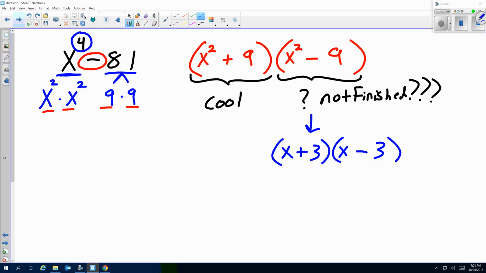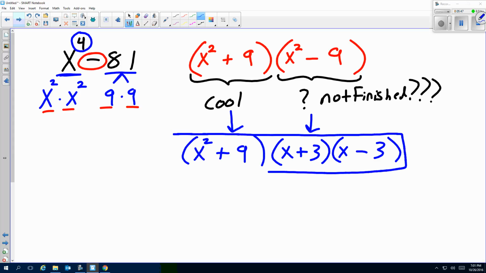One's positive, one's negative. I'm thinking I totally could. X squared plus 9, don't be confused. That is not the difference of perfect squares, so we cannot factor that anymore. Do y'all think this could factor out all the way down to here? Talk to your neighbor about that for just a moment.